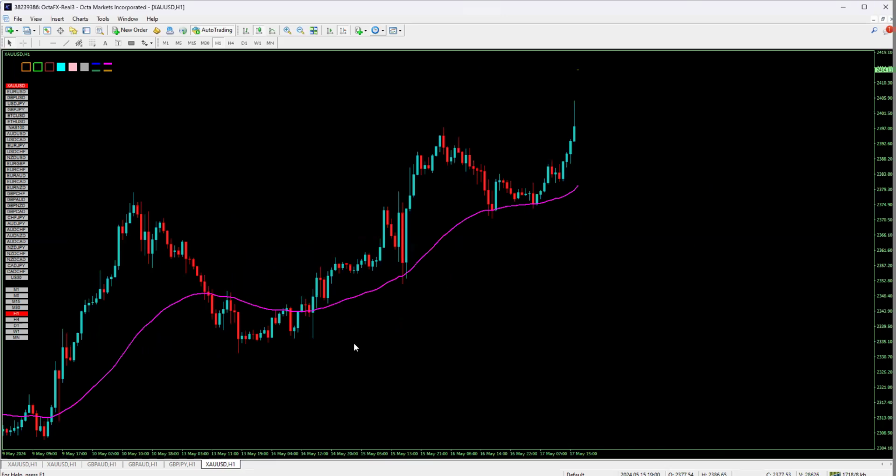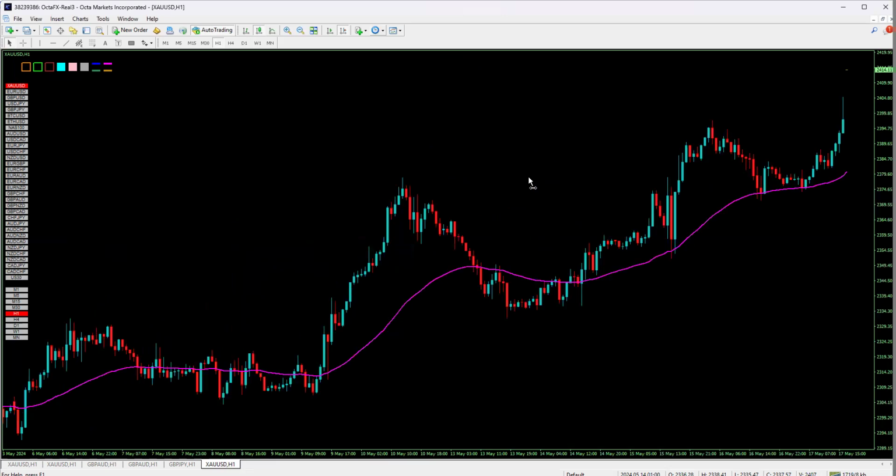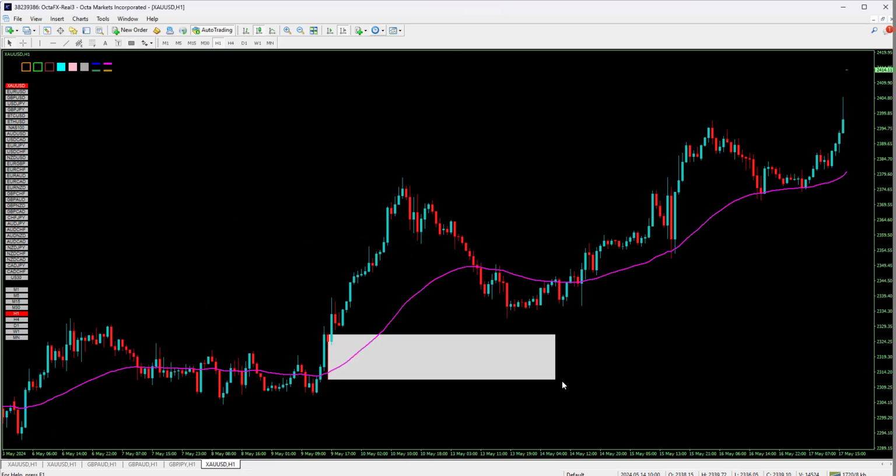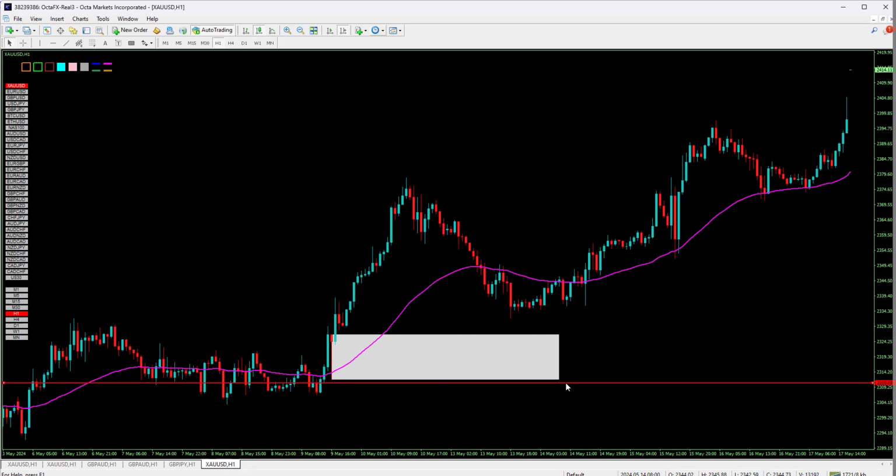You just put a tight stop loss. Like if we have a candle engulfing at this point, like this one right here, where do I put my stop loss? You don't need to go 30 pips. You just put your stop loss right here, just 5 pips or 10 pips below. That's it. You don't need to go far.